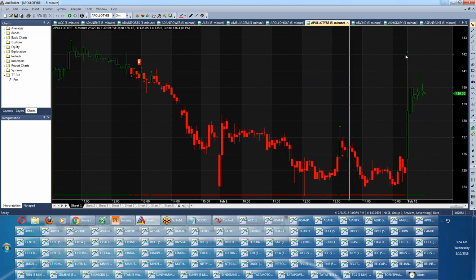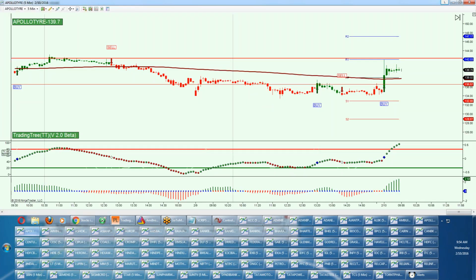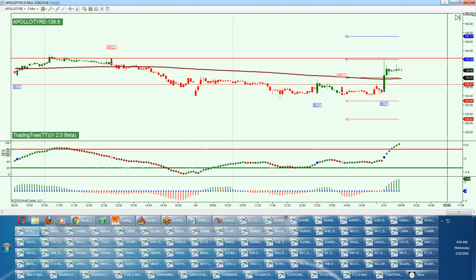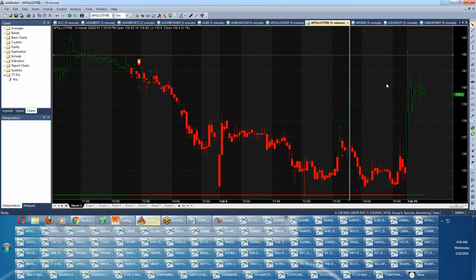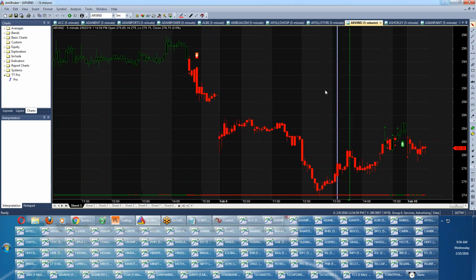So you have an alert here for Apollo Tire, but we don't have a confirmation call here. But we already have a buy call here. So it indicates the same thing. The price has to break this point, and then only it will move upwards. Same thing with Arvind here.